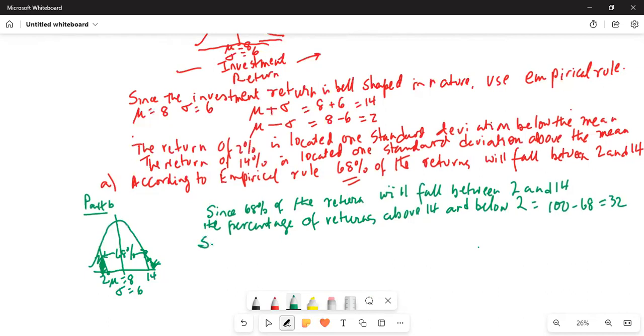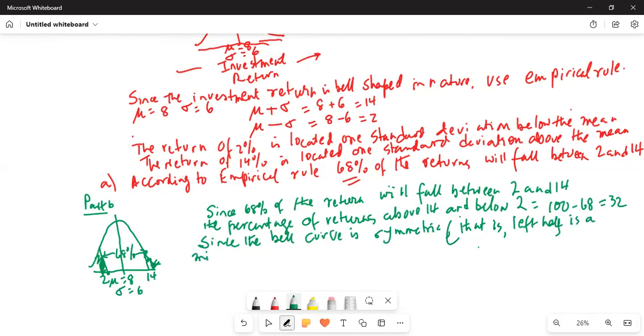Since the bell curve is symmetric, the left half is a mirror image of the right half.